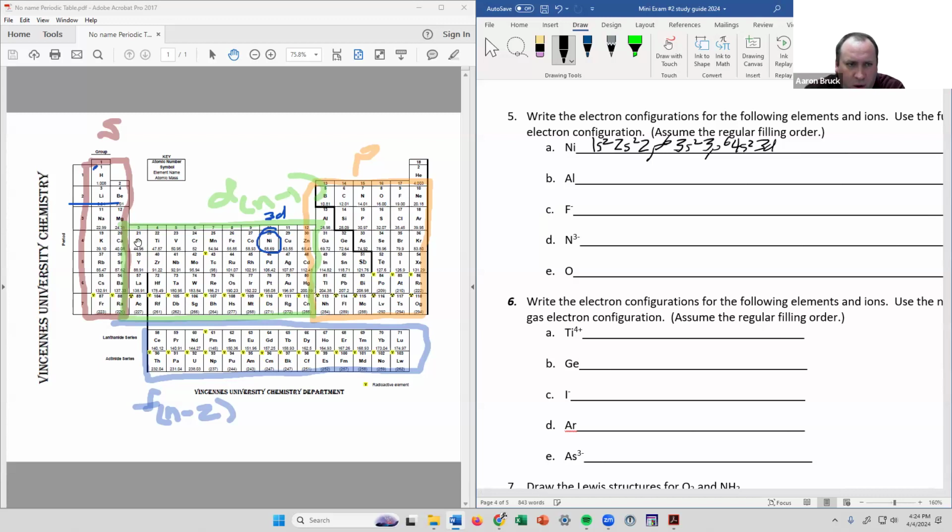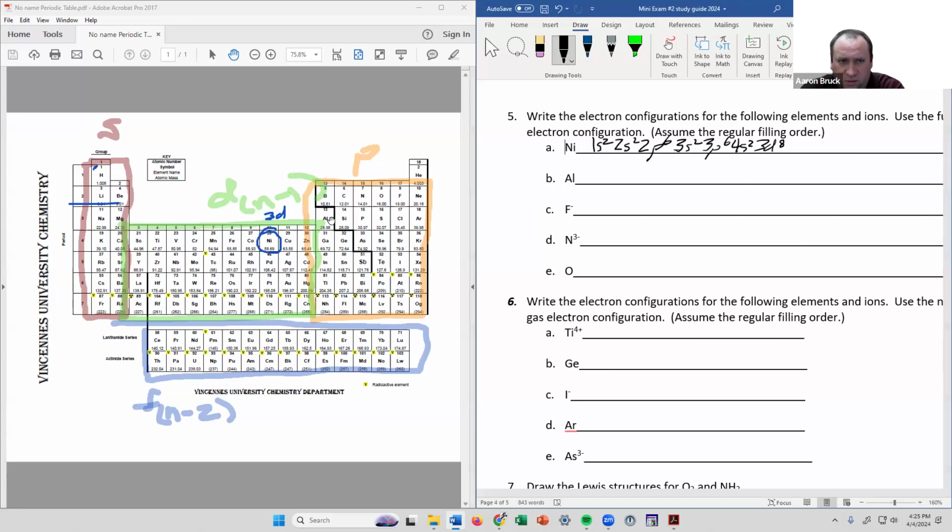Now we count: 1, 2, 3, 4, 5, 6, 7, 8. 3D8. So 3D8 for the nickel.